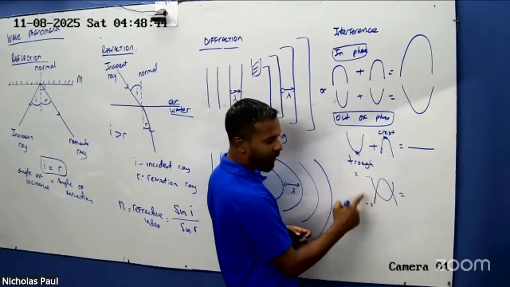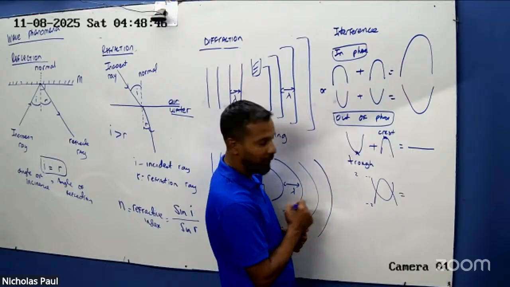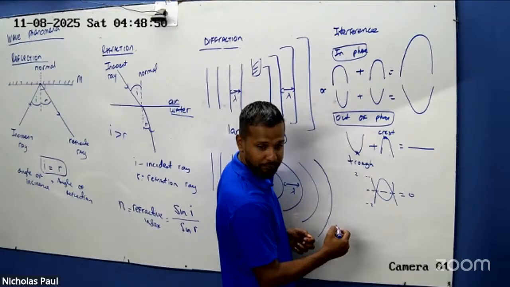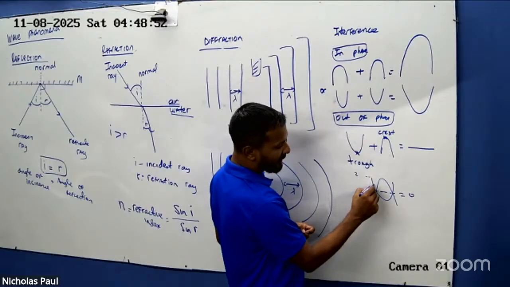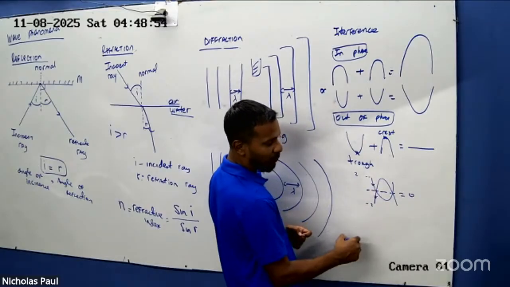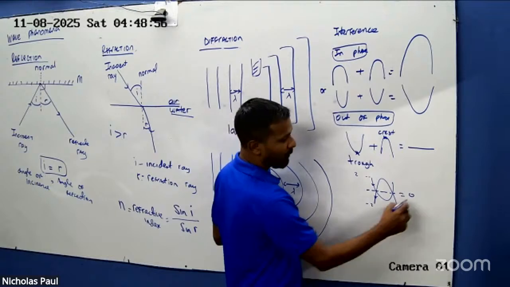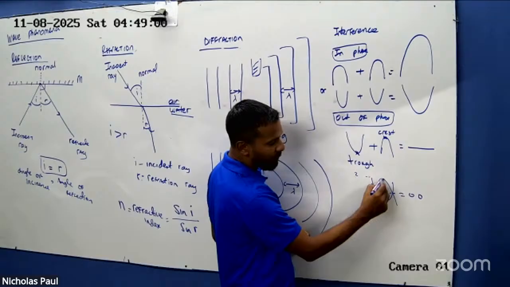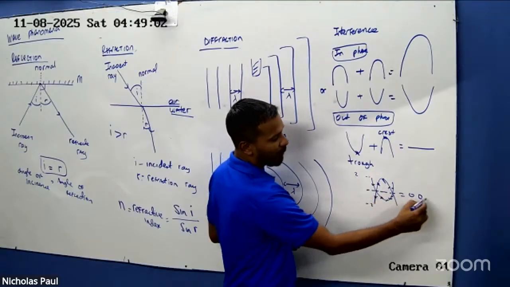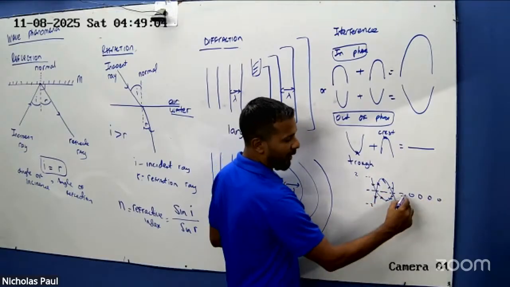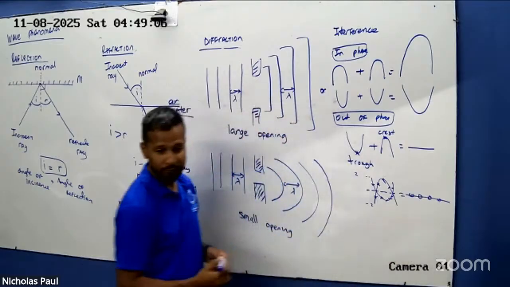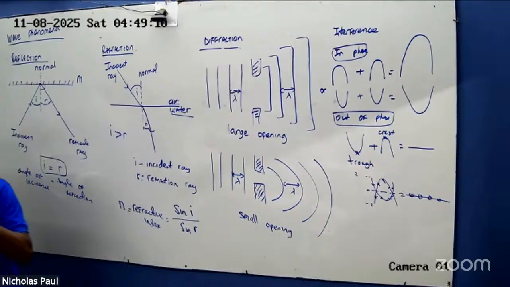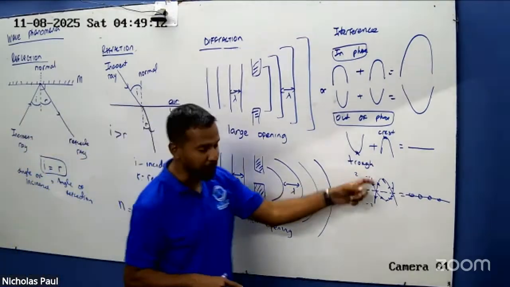When you add up 2 and -2, what will happen? You'll get 0. When you add up 1 and -1, you'll get 0 again. So when you add up all the points from each wave, they add up to 0, and you end up with this straight line. So whenever the waves overlap, you're adding up the points.